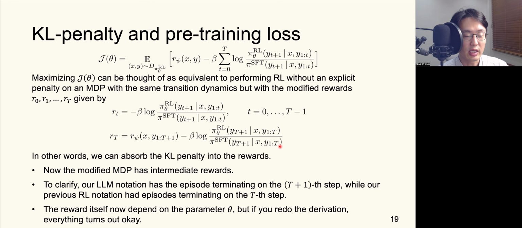Also, you do get the KL penalty at the end as well. So to put it differently, we can absorb the KL penalty into the rewards. Now with this modified MDP, we do have the intermediate rewards. The actual reward only happens at the terminal time step, the terminal generation, but for all the intermediate steps, we do incur a KL penalty.